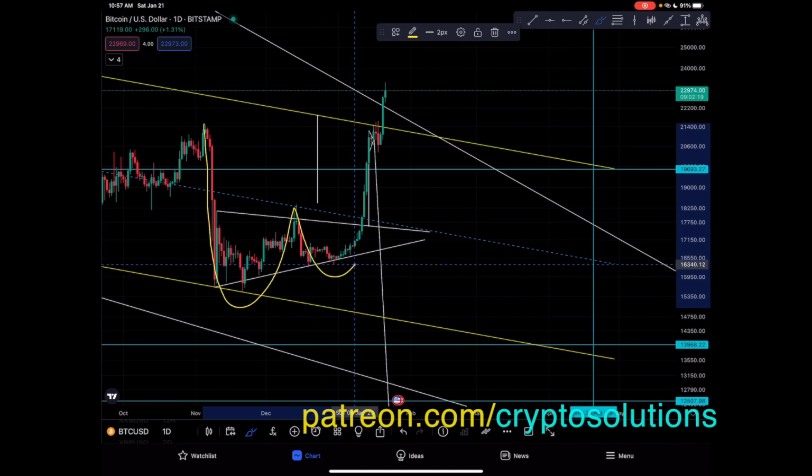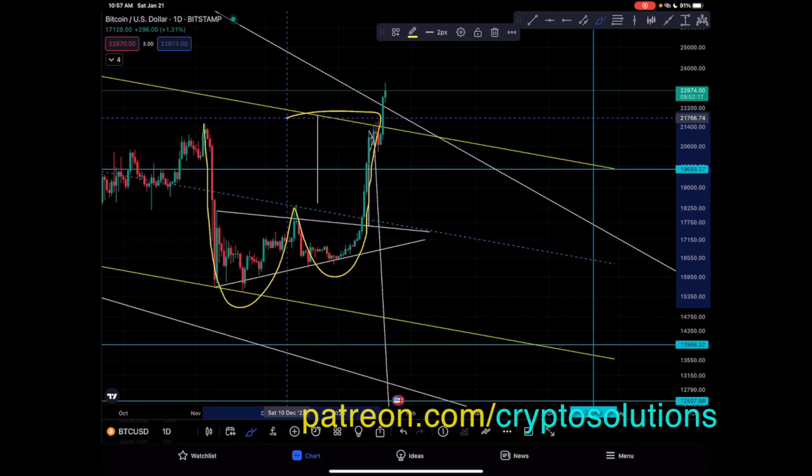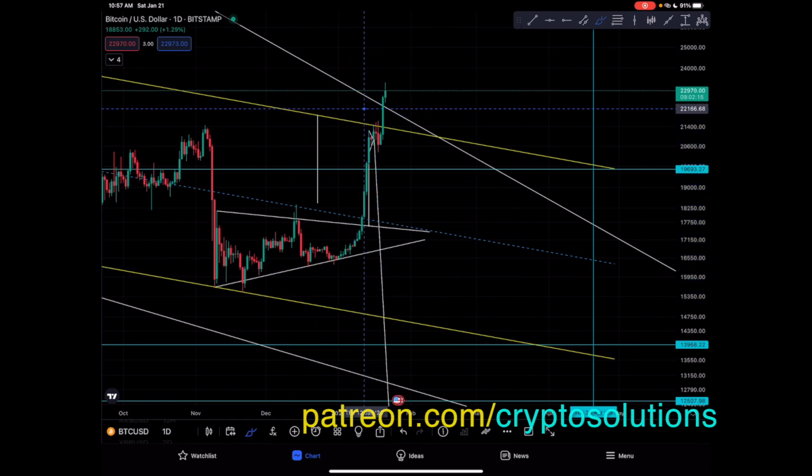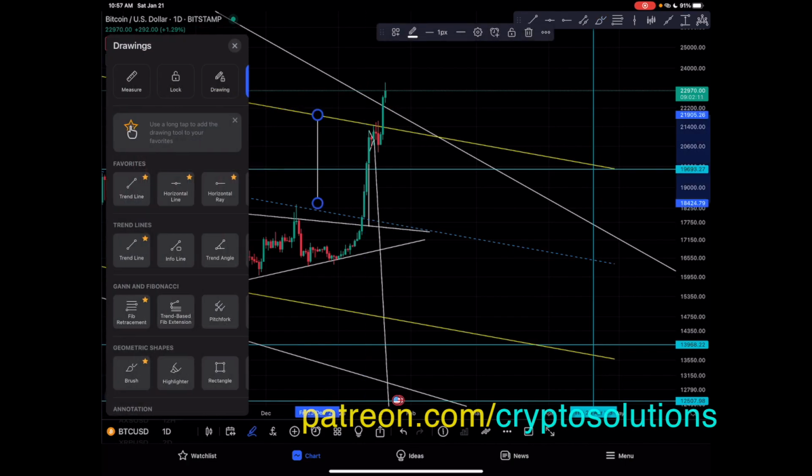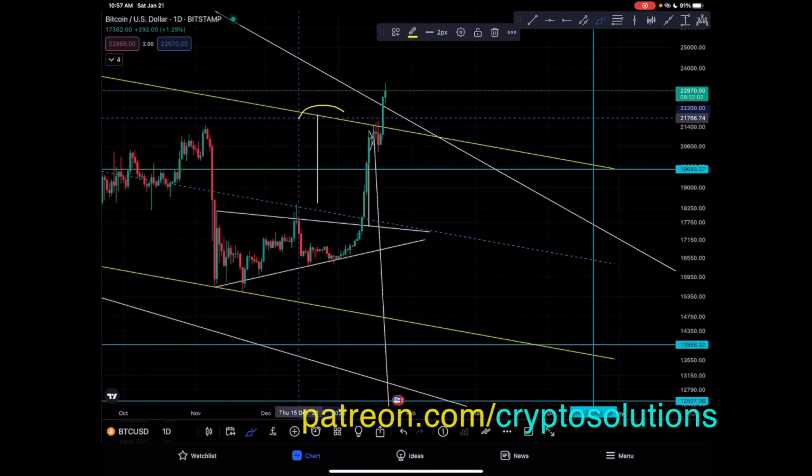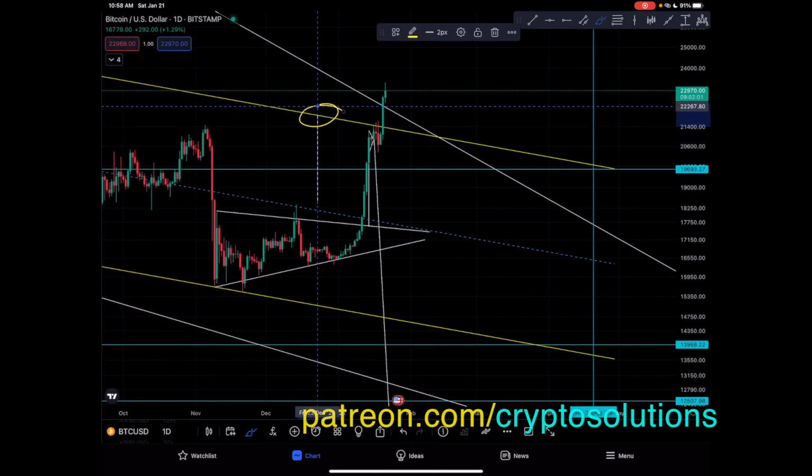Boom, a double pattern, and it broke out to the upside and completed the target. I didn't mention that one before, given the time I had available when I was looking at the charts. So this is a target that has been met, but I didn't mention it in my previous video.